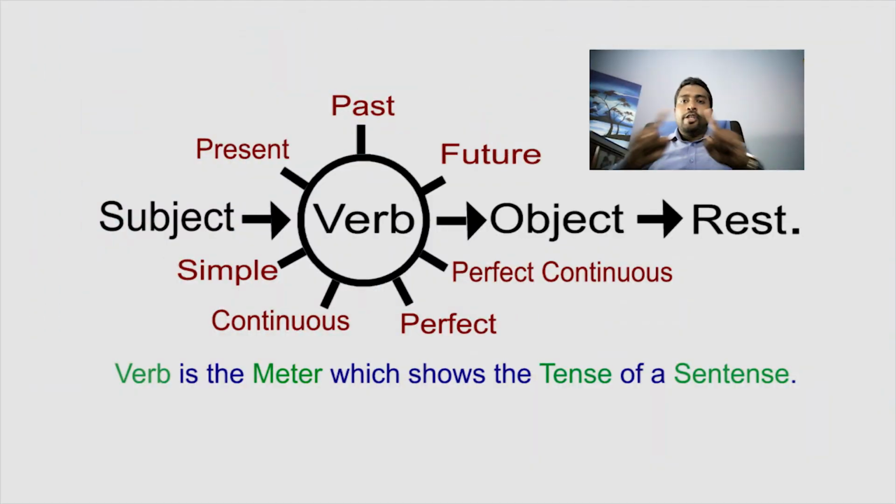And note this, this is very important: if you don't know English tenses, then you can't make correct English sentences because you will put wrong verbs in your sentences. Did you know the verb is the meter which shows the tense of a sentence?